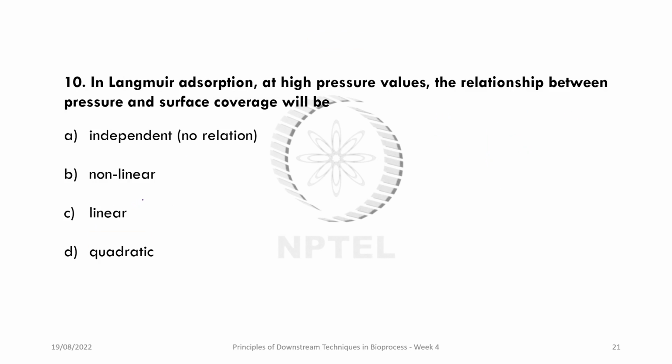Question 10. In Langmuir adsorption, at high pressure values, the relationship between pressure and surface coverage will be. Is it A independent, B non-linear, C linear, or D quadratic?